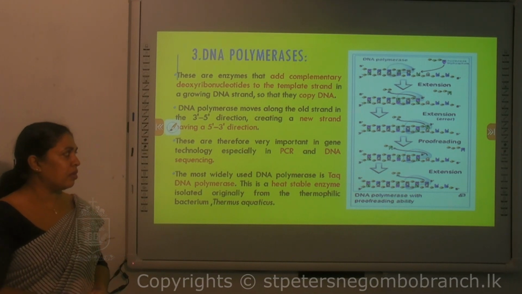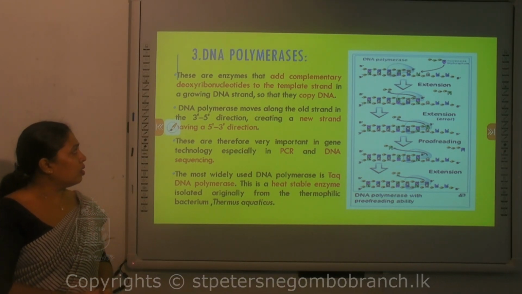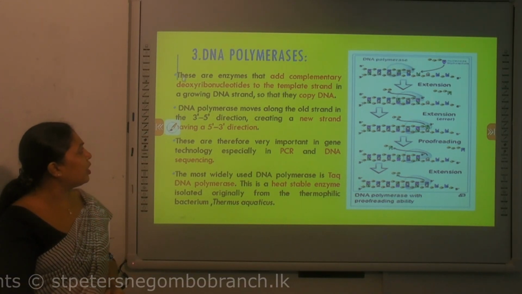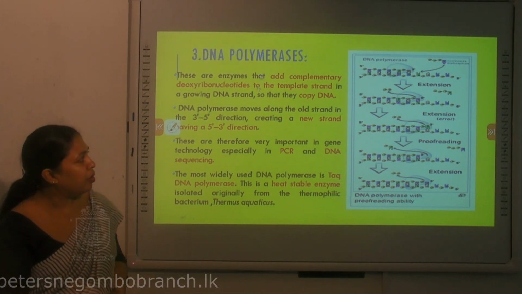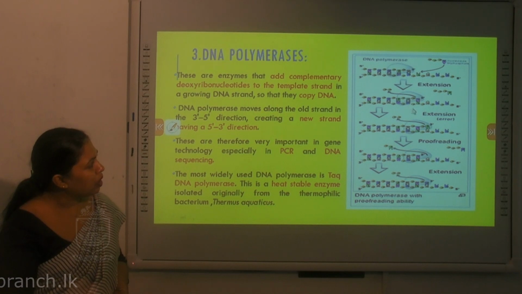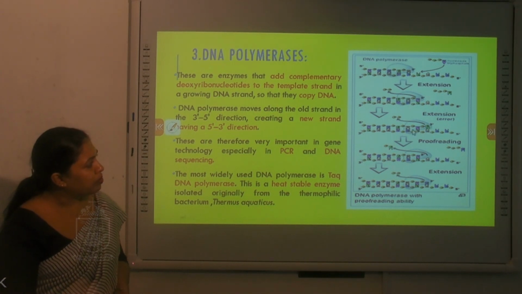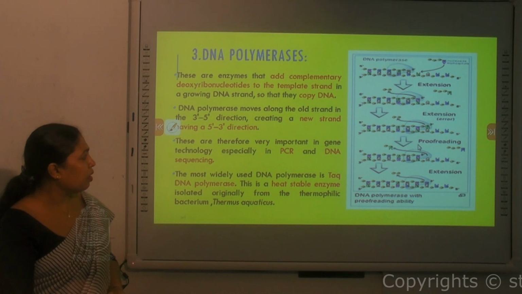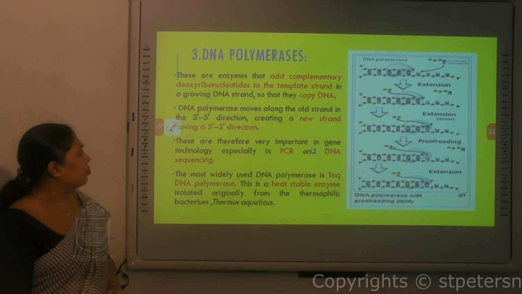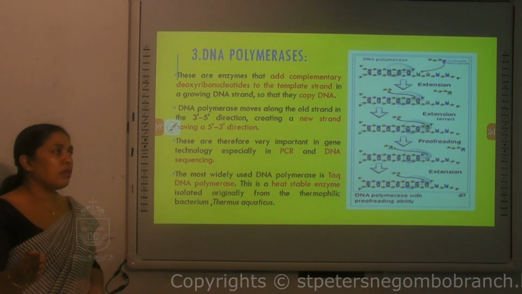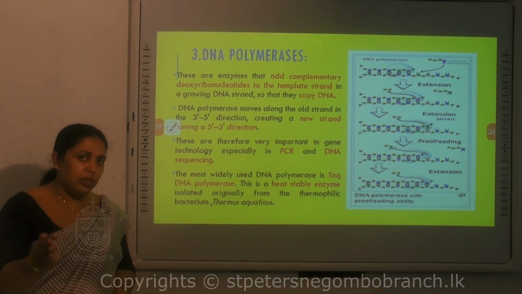DNA polymerases add complementary deoxyribonucleotides to the template strand. Here, DNA polymerase is adding, and we can see this is extending. It also does proofreading in the 3 to 5 direction, and the new strand is made in the 5 to 3 direction.